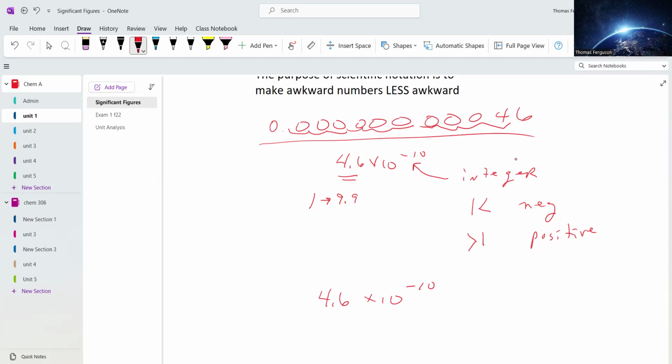It's a really small number, negative exponent. And then you count over till you get to a number that's between 1 and 9.9. However many places you count over is your exponent. So I counted over 9 zeros plus an extra one to get a decimal point between the 4 and the 6. That's 10 places I went over. Hence, that's where the 10 comes from.